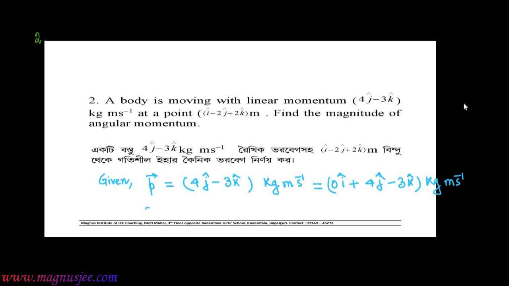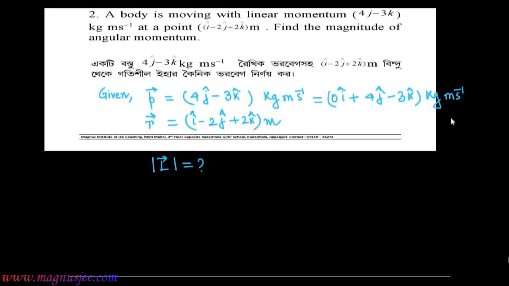That means it can be written as 0i cap plus 4j cap minus 3k cap kg meter per second. Vector R is equal to i cap minus 2j cap plus 2k cap meter. That is the perpendicular distance vector, and we have to find the magnitude of the angular momentum vector.